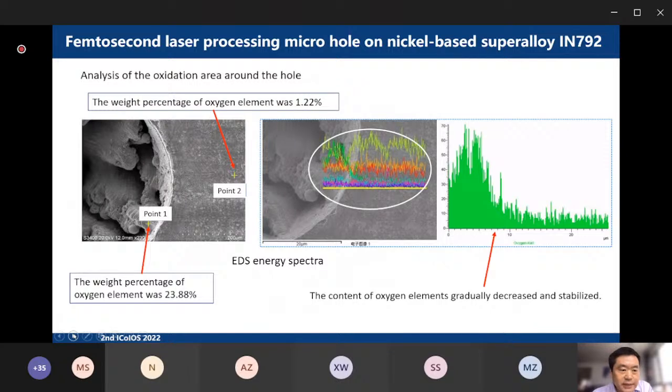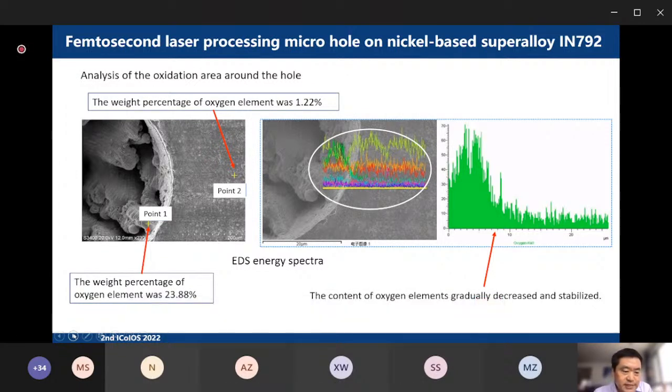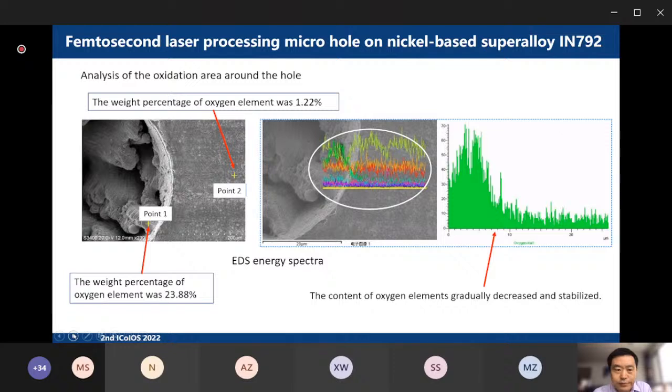And we also analyzed the surface of the microhole and the top of the microhole. It shows that on the wall of the microhole, the oxygen content is higher than in other places. That means during the laser processing, the oxidation is serious.